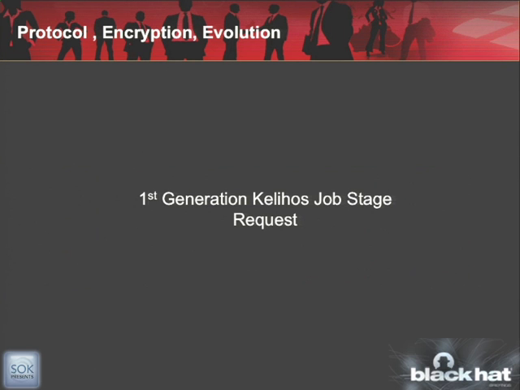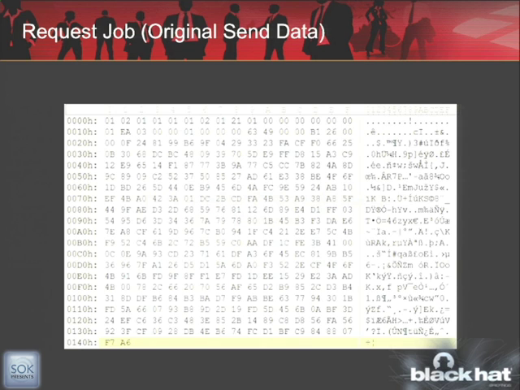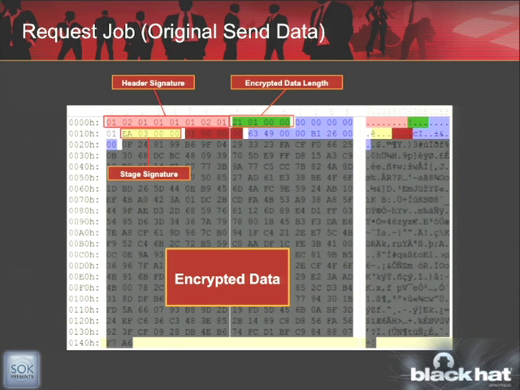Next, after the bot gets the updated proxy nodes list, it will try to get the tasks. Here is the original data sent to the proxy nodes to get the task. You can see it always has the same data structure in the headers. This one is clearer: same header signatures, encrypted data length, and the stage signature changes to 03A.